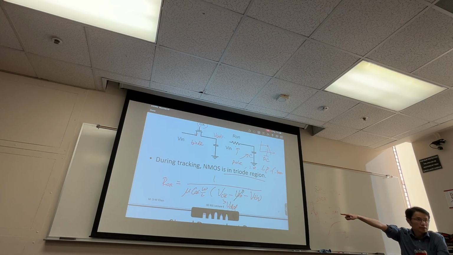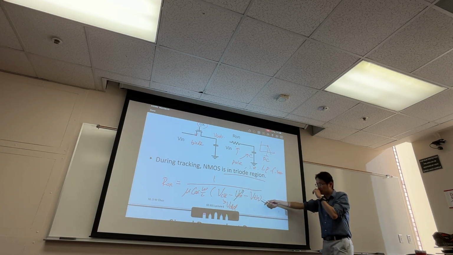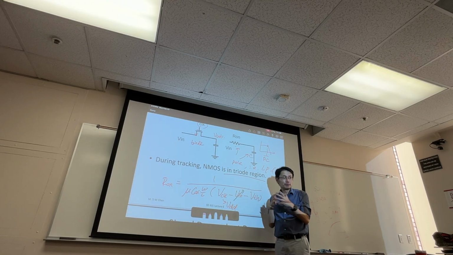So when should I worry? When Vin... You said that you want R on to be low, right? So the question is when would R on be high? When Vin is higher, because you see when Vin is higher, then this value will become smaller.